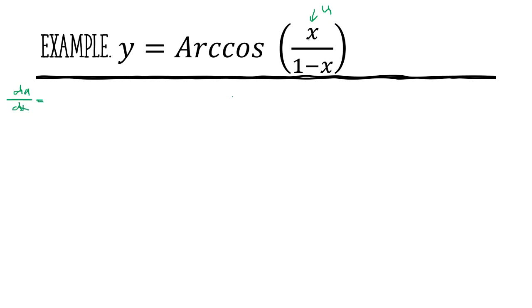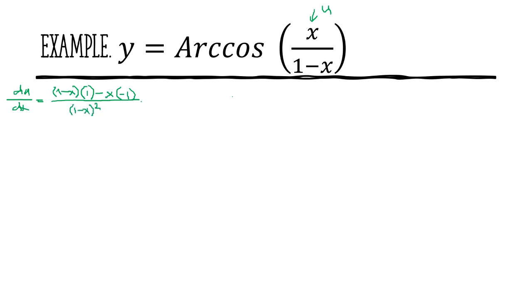As you can see, this is in fraction form, so we have to apply the quotient rule. From here, we copy the denominator times the derivative of the numerator, so we have 1, minus the numerator times the derivative of the denominator, which is negative 1, all over the square of the denominator, which is 1 minus x squared.